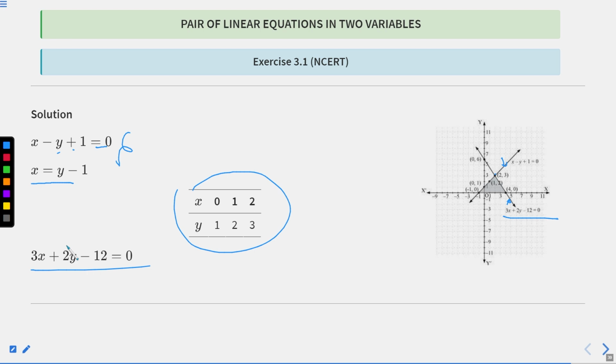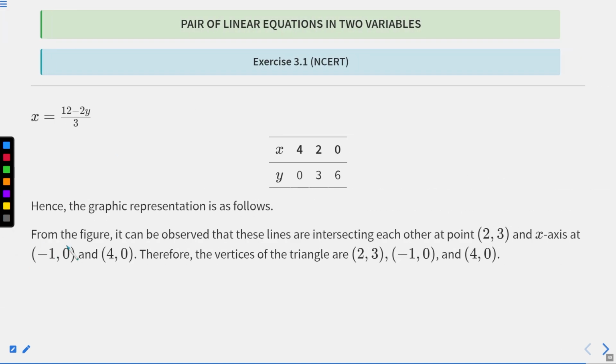Okay, so here you can see these two lines and the x-axis together make a triangle. And for this triangle, the vertices are 2, 3, minus 1, 0 and 4, 0. So the vertices of the triangle are 2, 3, minus 1, 0 and 4, 0.